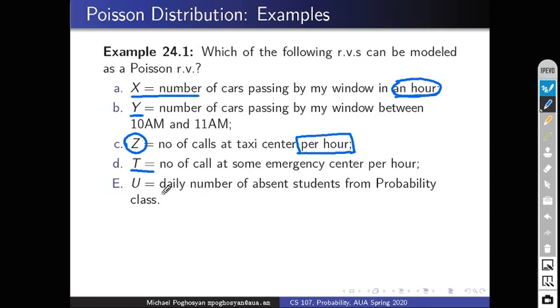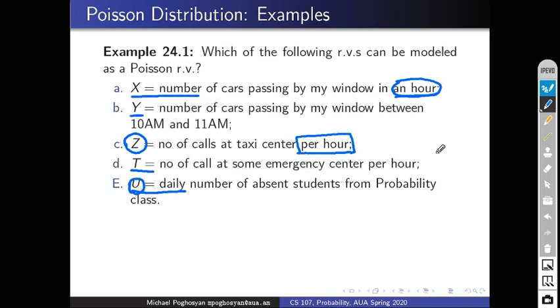Hopefully this is not the case. So U is not close to a Poisson random variable, so we will not use a Poisson random variable to model this U.